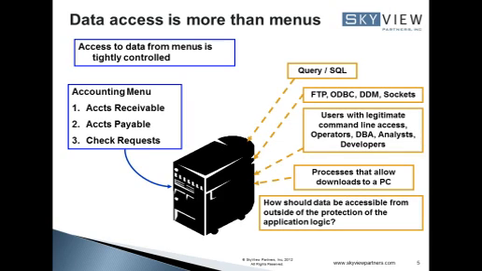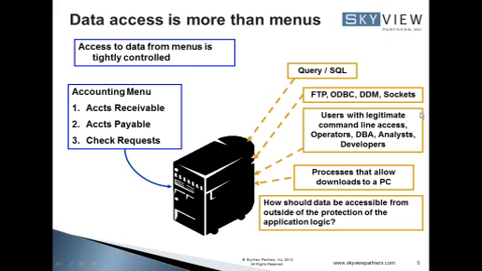And so the risk to the data is really from all of these other ways that you can access data. If you think about the file that is controlling who can access which menu item, that does not come into play for any of these other ways that you can access the data that are listed here on the right side of the screen. So things like query, SQL, certainly the things coming in over the network like sockets, DDM, FTP, ODBC.